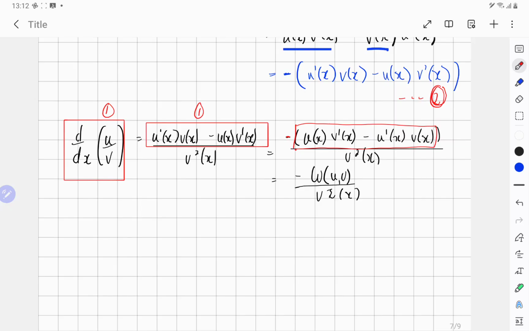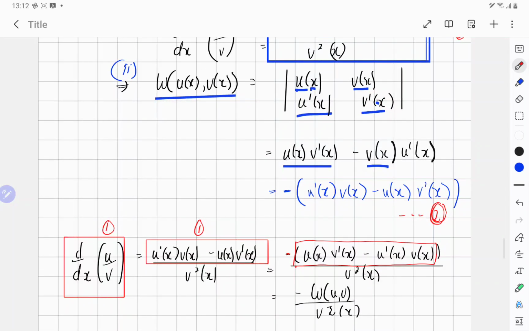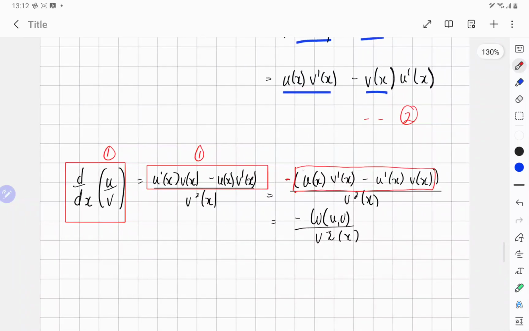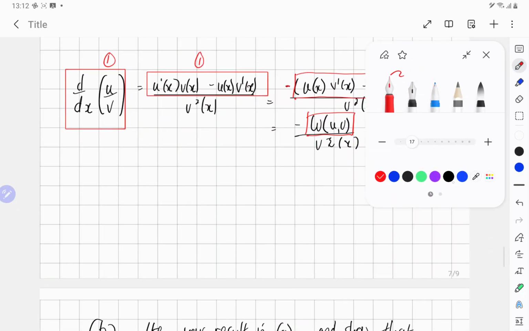And what do I see immediately? That part is my Wronskian. Let me rather take it this way, otherwise it's confusing. There's my 2. What do I see inside the bracket? It is my Wronskian, but I still have over v squared.